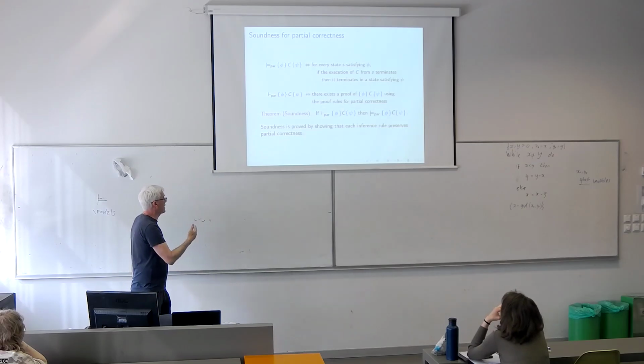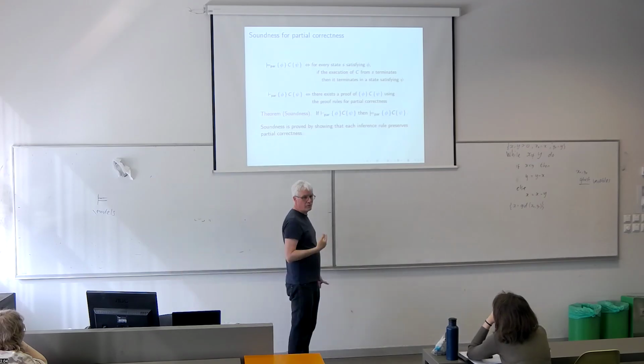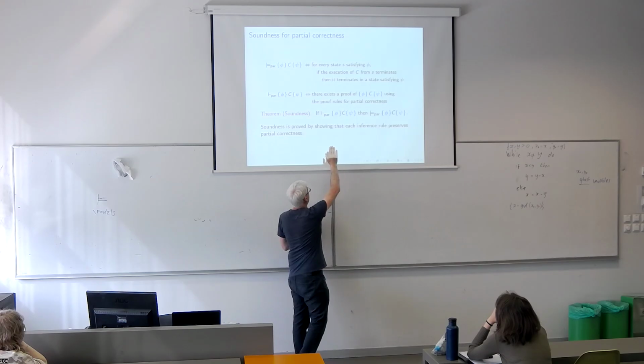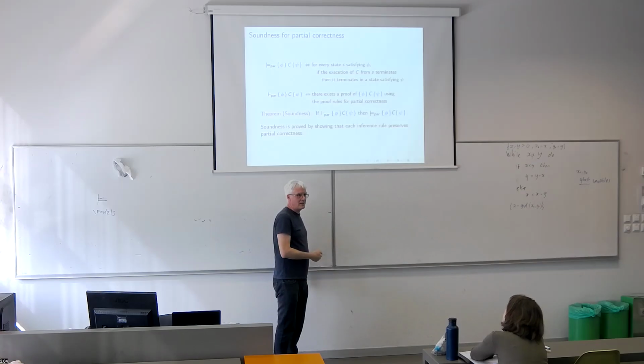So everything must be valid all the way through the tree. So we've got the relation saying a Hoare triple is provable, and the important statement is that our proof rules are correct. There's a formal soundness statement here that if we can prove a Hoare triple, then it's actually correct. There's also a completeness statement, but we'll look at that later in the course.